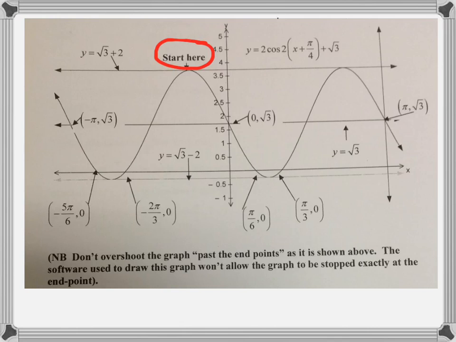So the first quarter cycle would go from that high point to the next value of x, which represents a quarter of a cycle on from there, and down to the next significant y place, which in this case is the central axis. Then I work out where a quarter of a cycle is from there onwards, and that's going to intersect with the lower line.